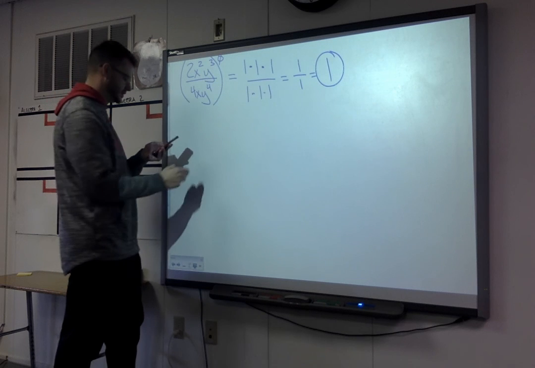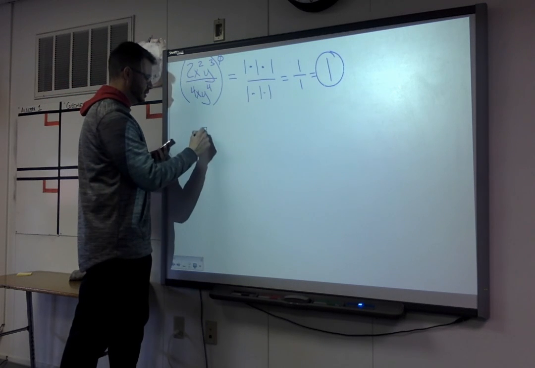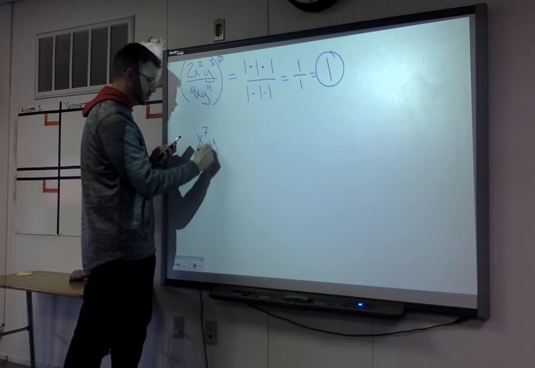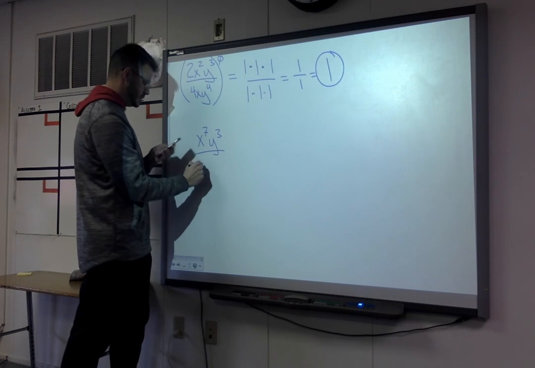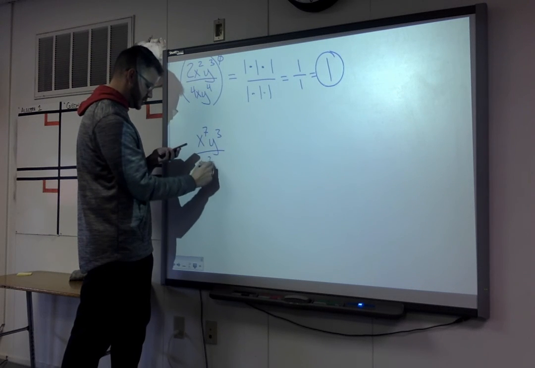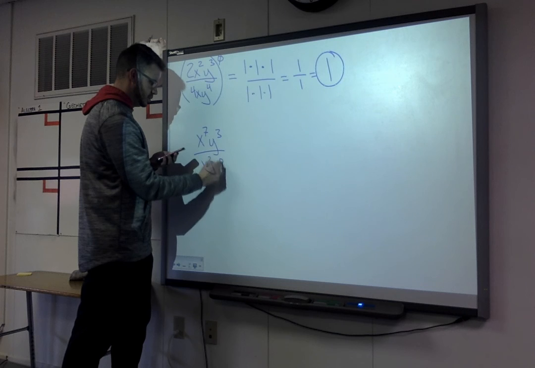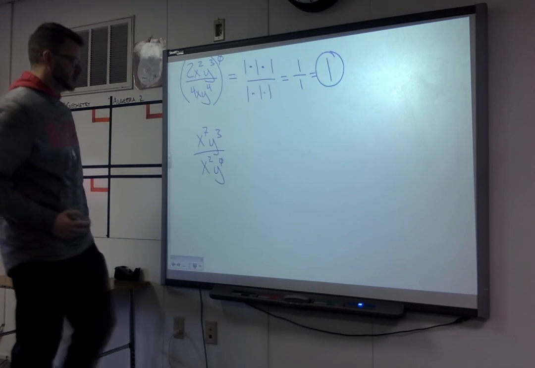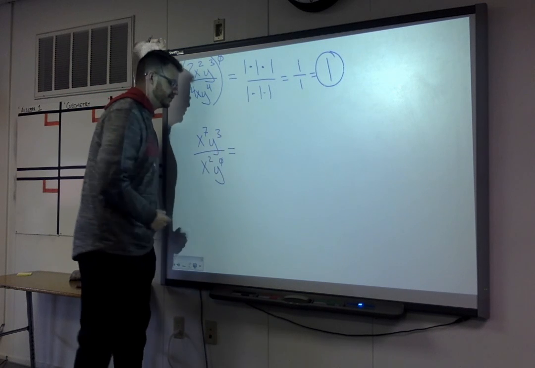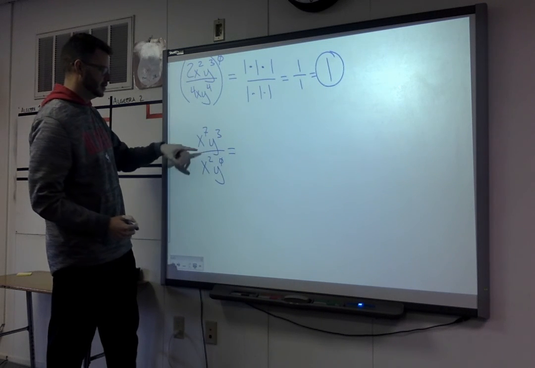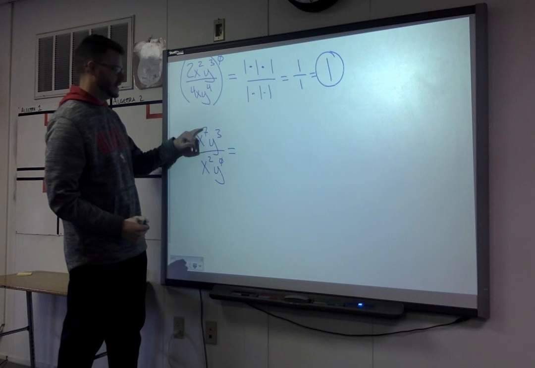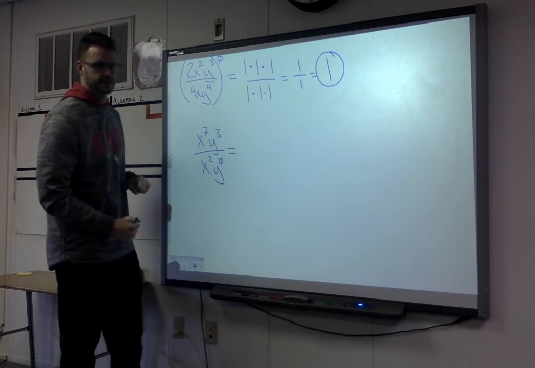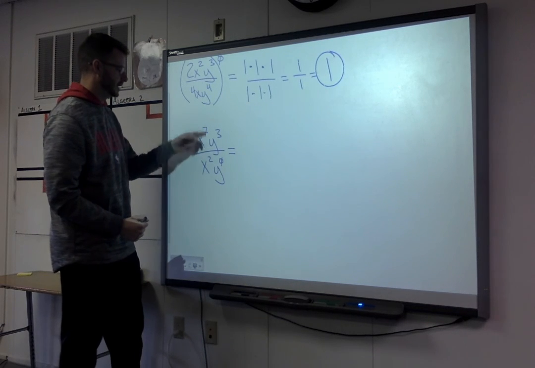Now let's walk through the second one. X to the 7th, y cubed over x squared, y to the 0th power. Now, there's a couple ways we can go ahead and solve this one. We can just look at it here and we know that if we divide x to the 7th divided by x squared, we subtract our exponents.